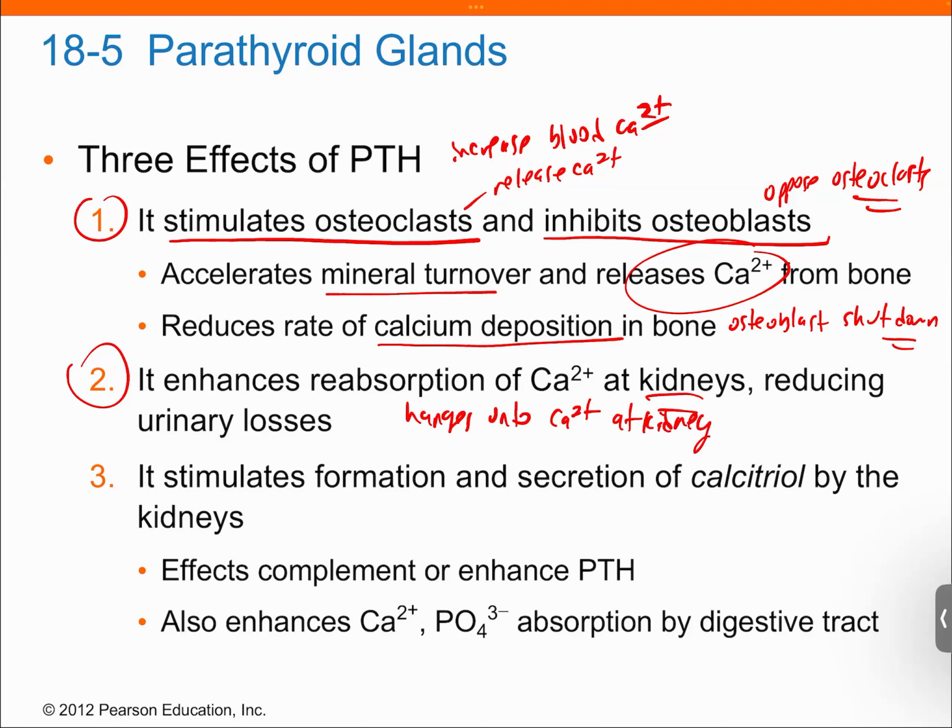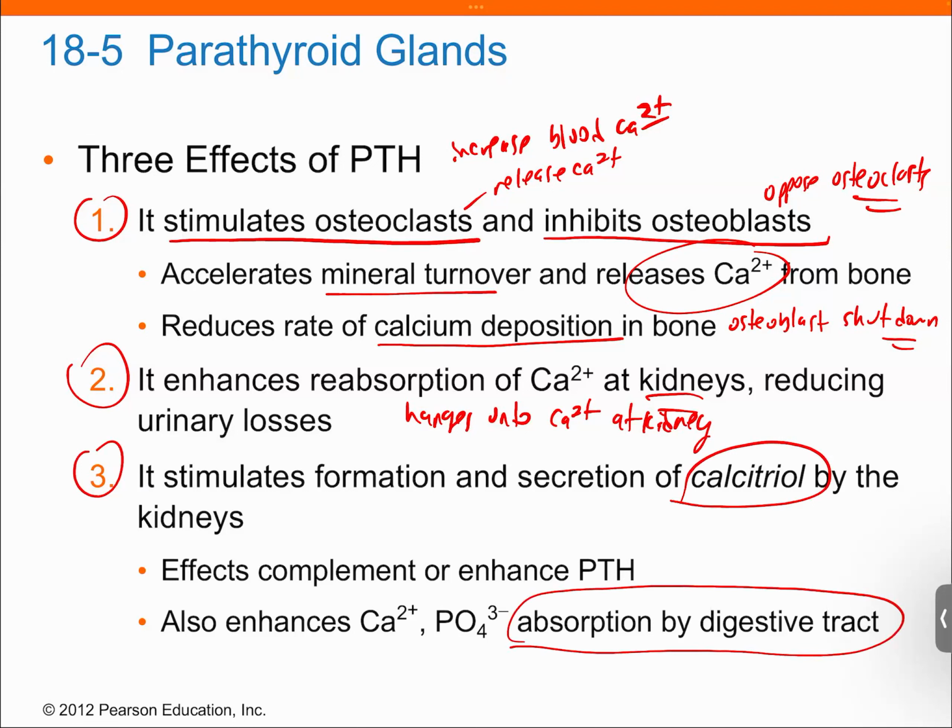And then it also continues to work with the kidneys, not just for eliminating the dumping of calcium, but it also stimulates the secretion of calcitriol by the kidneys. What calcitriol does is enhance the absorption of calcium and phosphate in the digestive tract. So the calcium and the phosphate that you already have in your food, calcitriol under the direction of PTH will make sure that you are absorbing that with maximal efficiency.